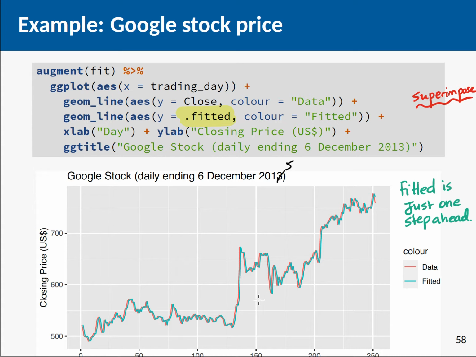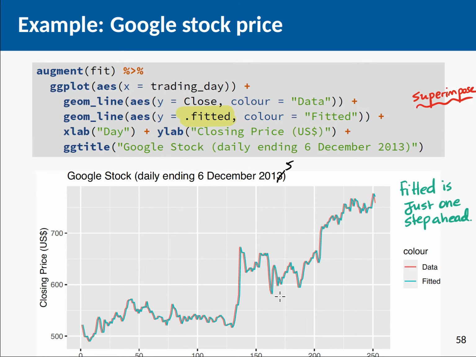Here we see that the red line in the graph is the original data set, and the fitted value is the green line. Now if you notice carefully, it looks like it's moving together, right? The fitted values are moving together with the data, but the fitted values just seem like they are one step ahead of the data.